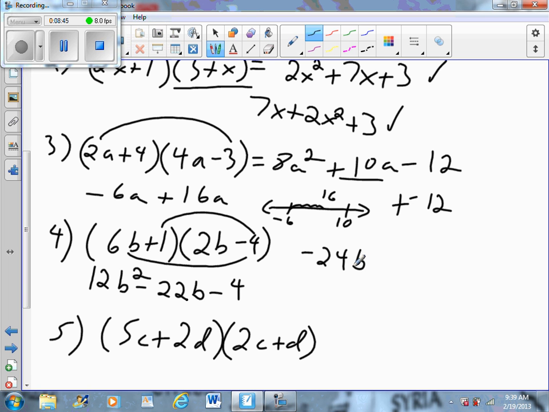What is that going to be? Plus 2b? Okay? So what do we get? A negative 22b, and that's where the negative 22b in the middle comes from. Does everybody see where the first term came from? Any issue there? All right, number 5.